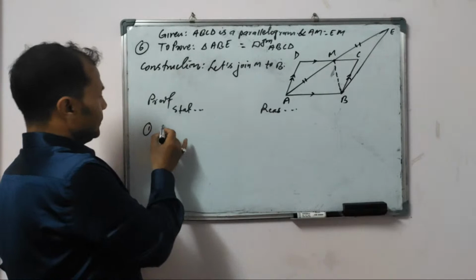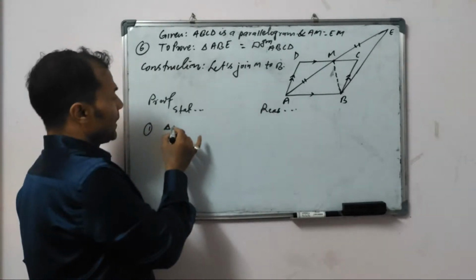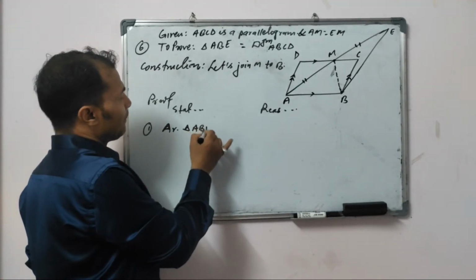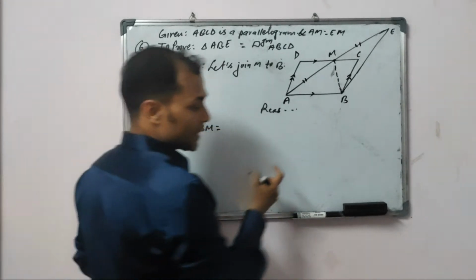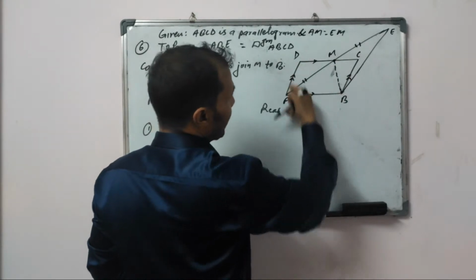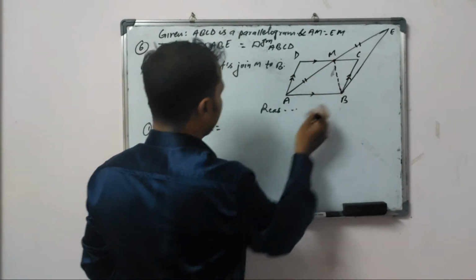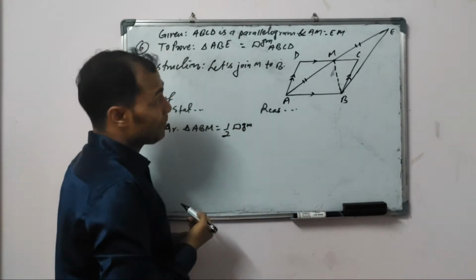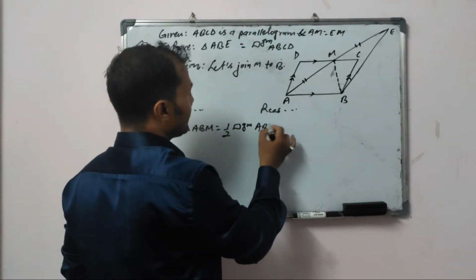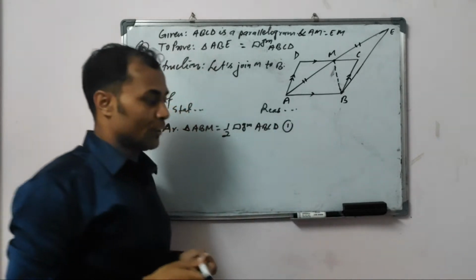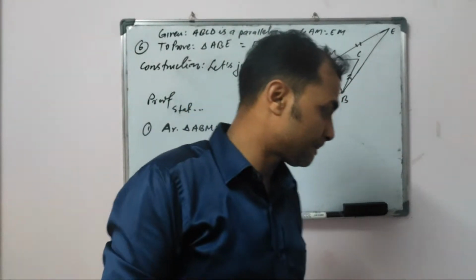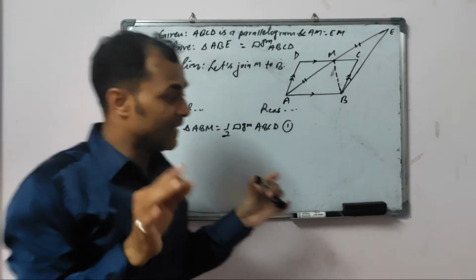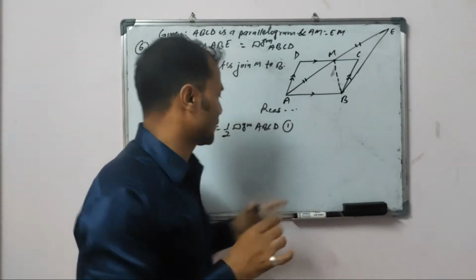Now look here, first of all, area of triangle ABM. This is a parallelogram, and on this base the triangle will be half of parallelogram ABCD. So what is the reason for this? Because both of them stand on the same base and in between the same parallel lines, right?